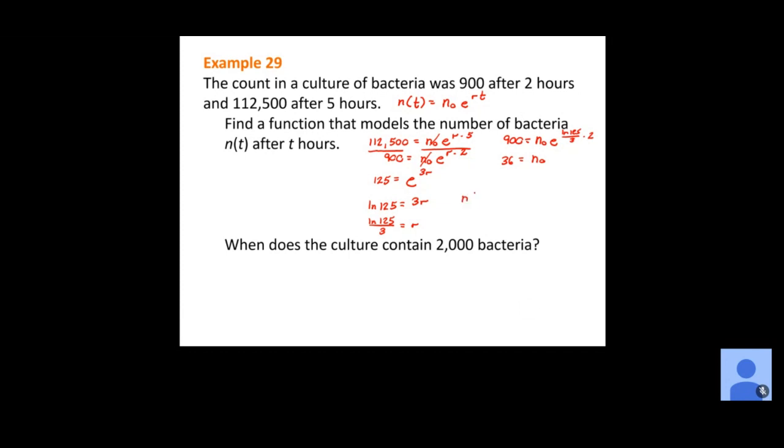So we're going to have n of t equals 36 e to the natural log of 125 over 3 times t. And that is our formula now in terms of t that models that situation. Any questions there?